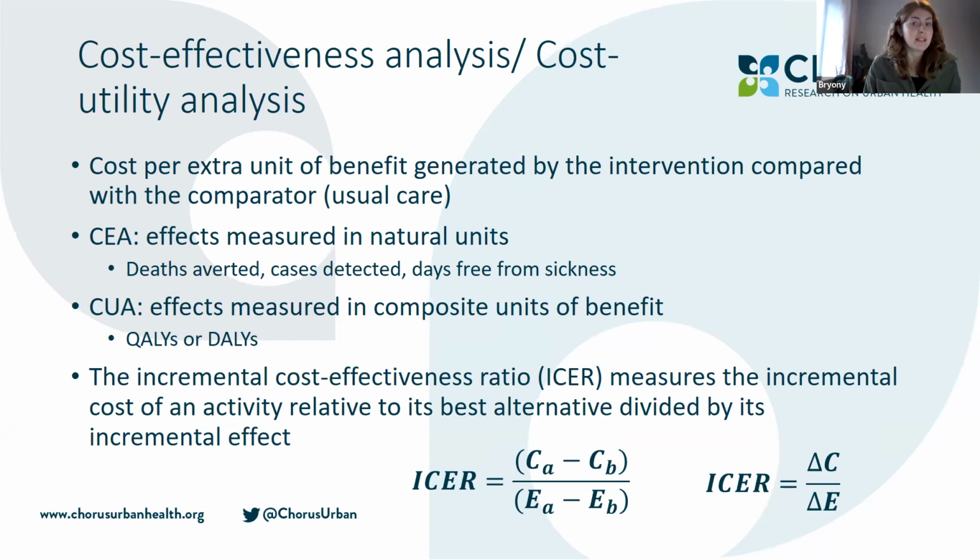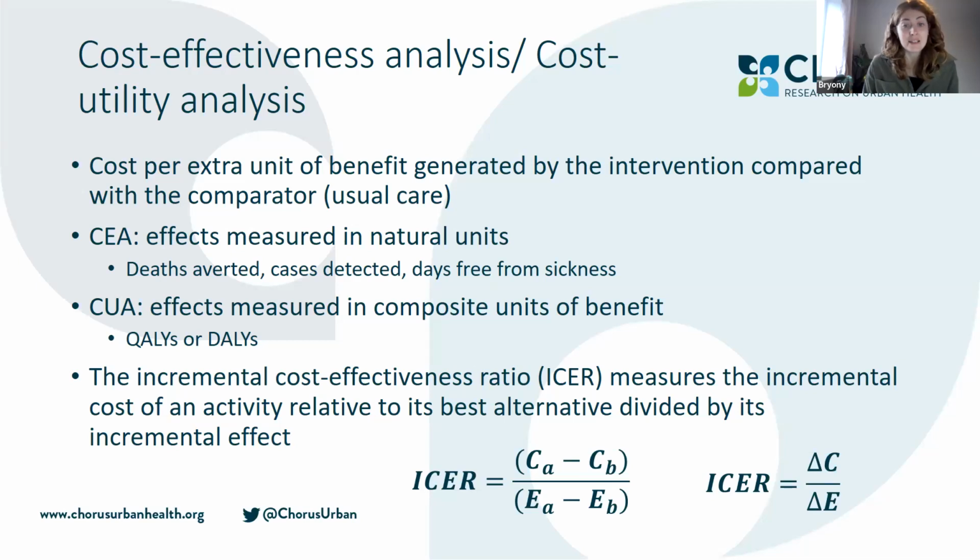So in this type of analysis, whether it's cost utility or cost effectiveness analysis, we determine whether a new intervention or service is worthwhile or cost effective by producing a summary measure called an incremental cost effectiveness ratio, or an ICER, which measures the incremental cost of an activity relative to its best alternative divided by its incremental effect.